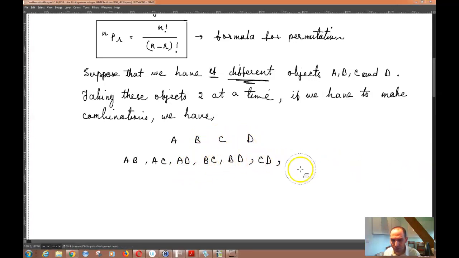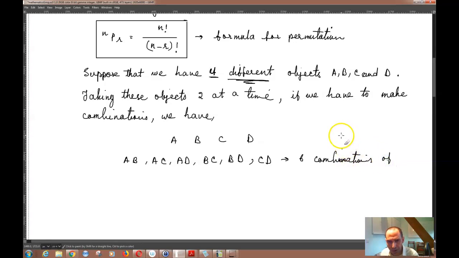So that's all the possible combinations of these 4 objects. So that's 1, 2, 3, 4, 5, and 6. Basically, that is 6 combinations of 4 different objects.